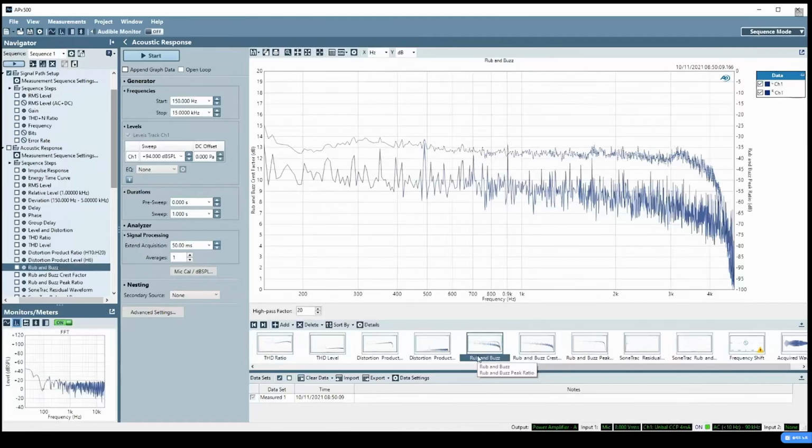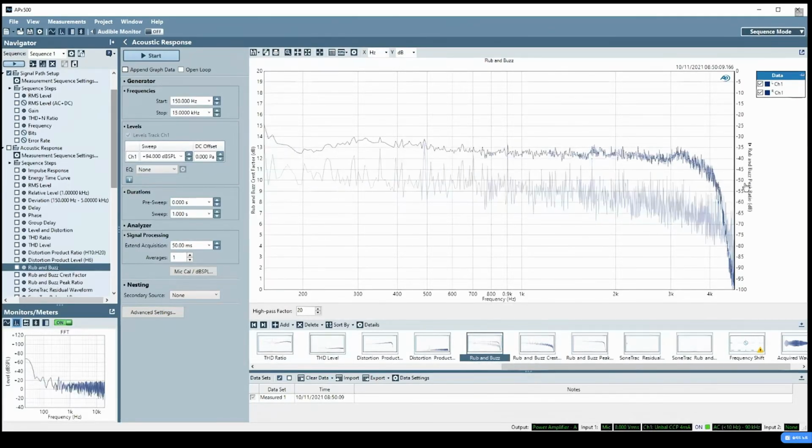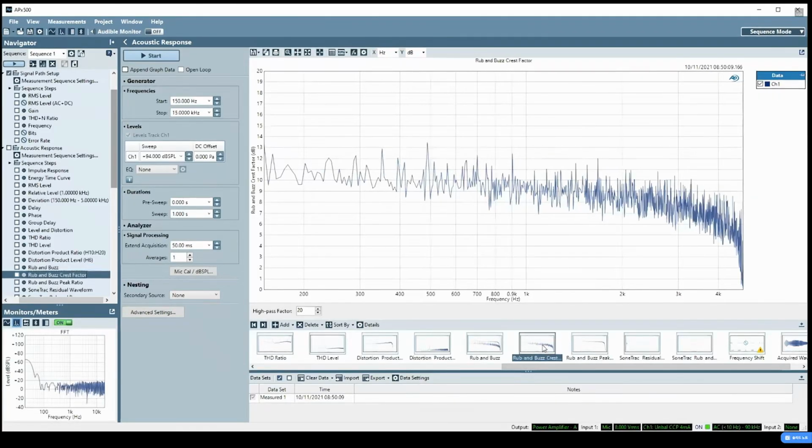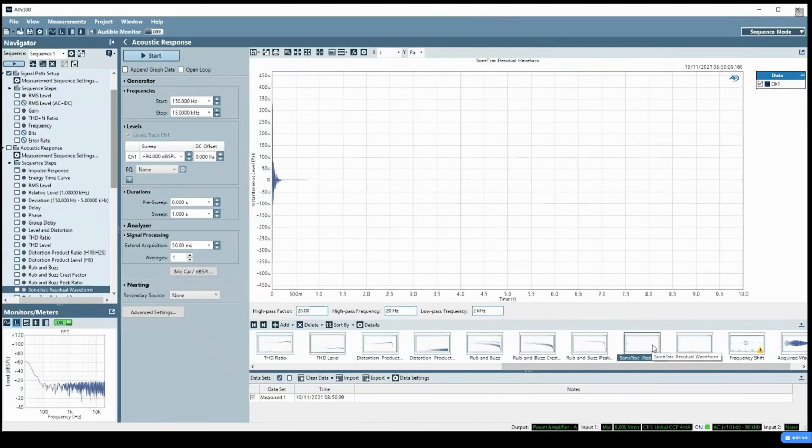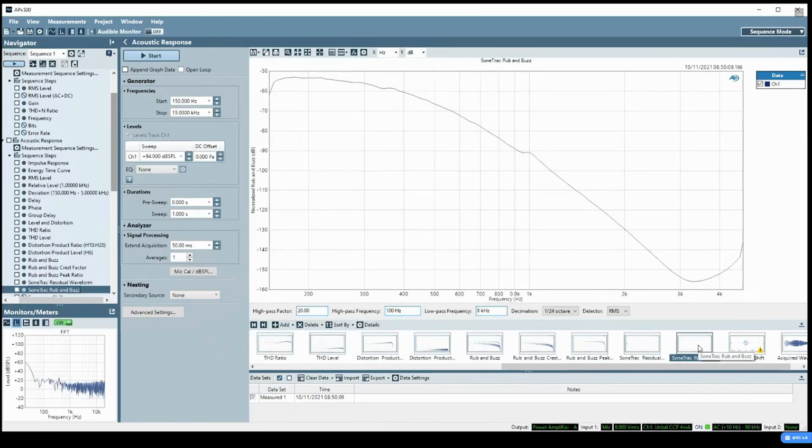Rub and buzz, where we have crest factor and peak ratio. Then we have subsequent graphs with just the crest factor, just the peak ratio. Then we have our soundtrack residual and our soundtrack rub and buzz.